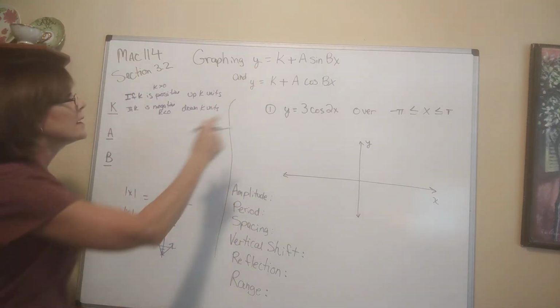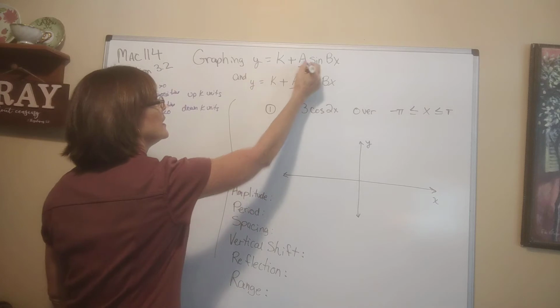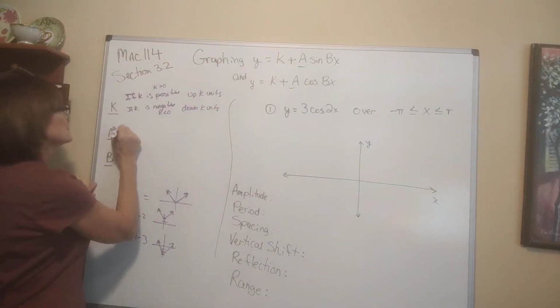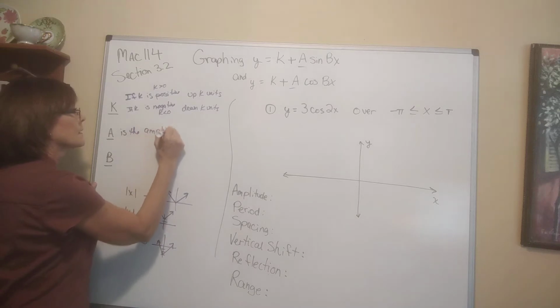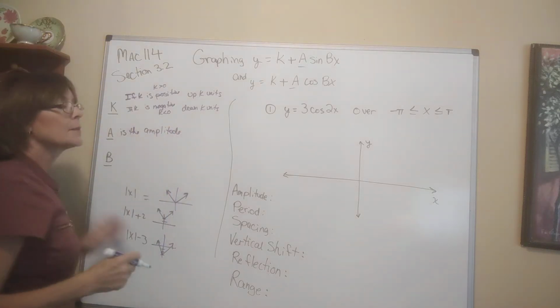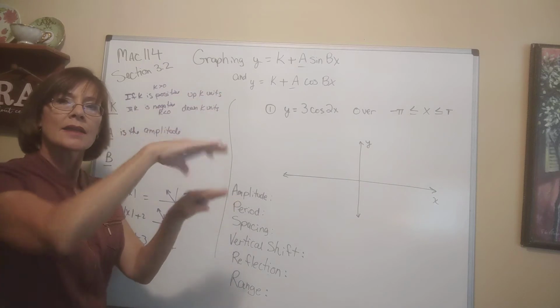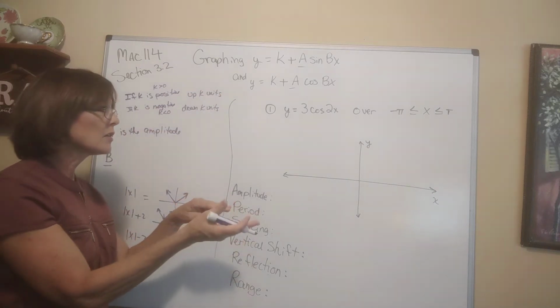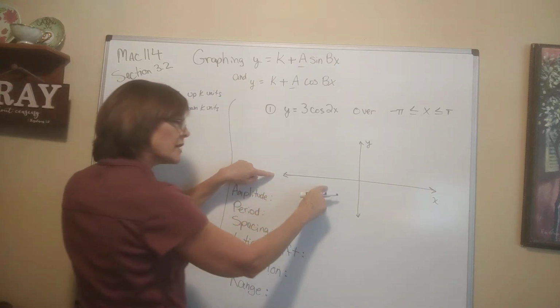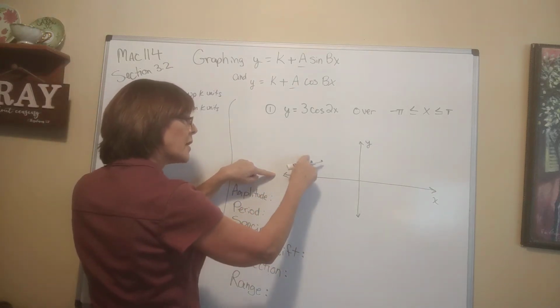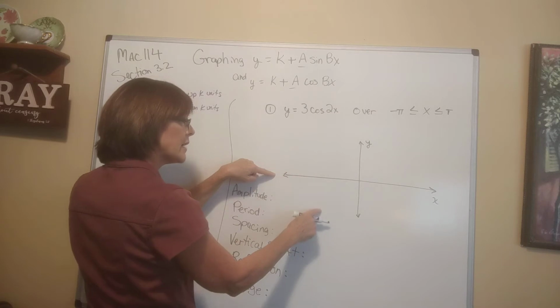All right, what is the a right here doing? The a is the amplitude. And so what the amplitude is, it's how high and low a graph will toggle between the midline. So if the x-axis is the center of our sine and cosine, it's going to go up a and down a, up a and down a.